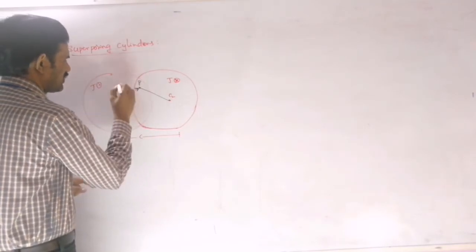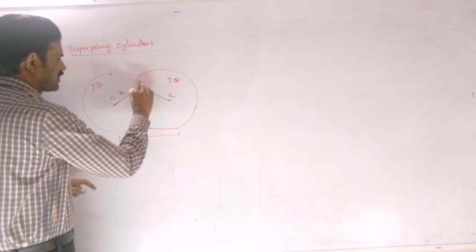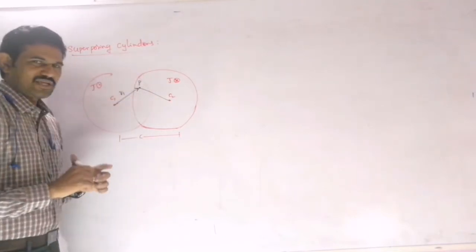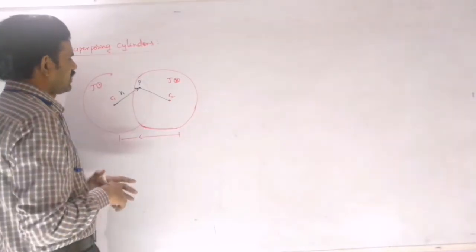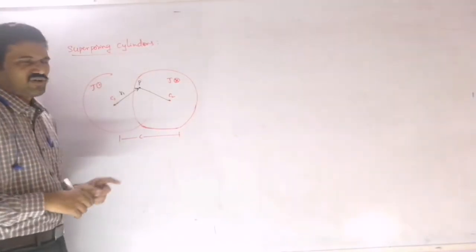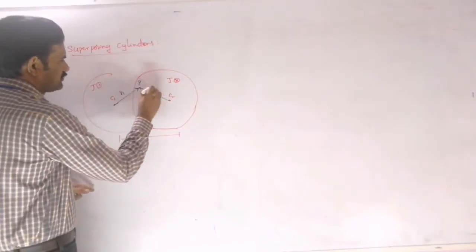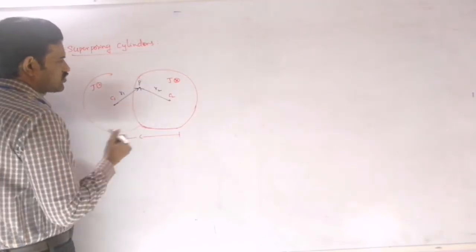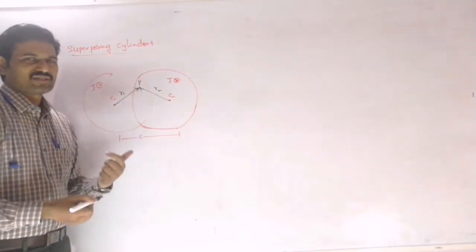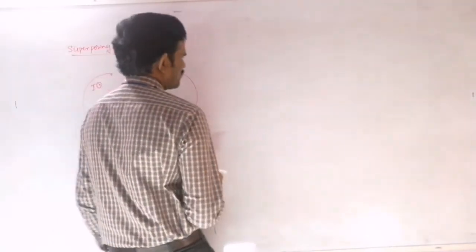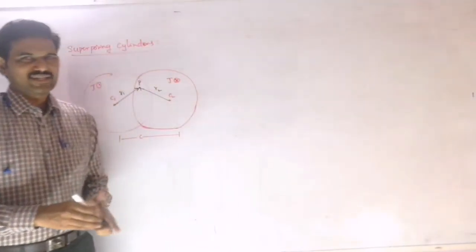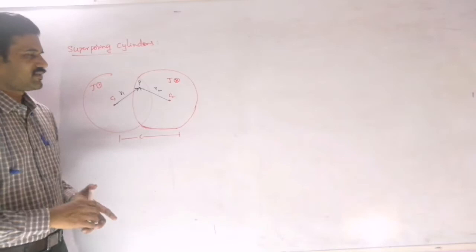Let's suppose we take a point P inside this cavity, any general point, at a distance of R1 from C1 and a distance of R2 from C2. Now let us write the magnetic field due to C1 and C2.